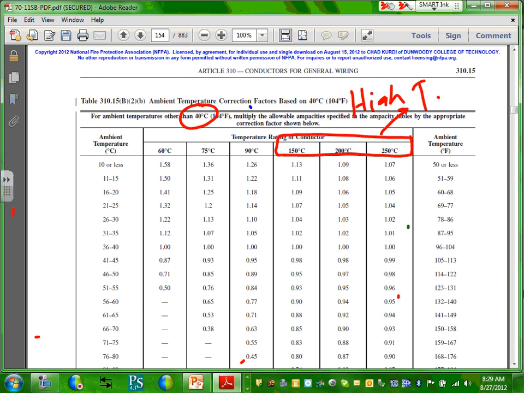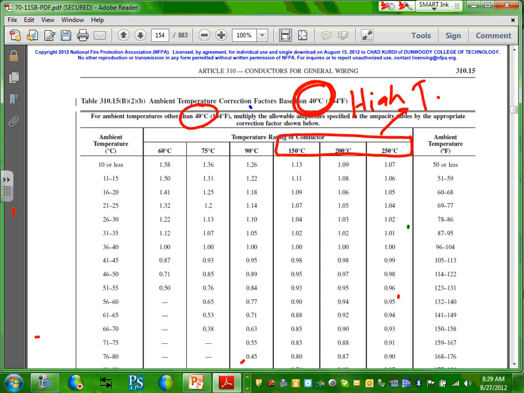You're going to use it only if you have an insulation rated for this value. This is for conductors based on 40 degrees Celsius, so we never use this one with 310.15(B)(16). Why? Because when they calculated the amps in 310.15(B)(16), it was based on 30, not 40.